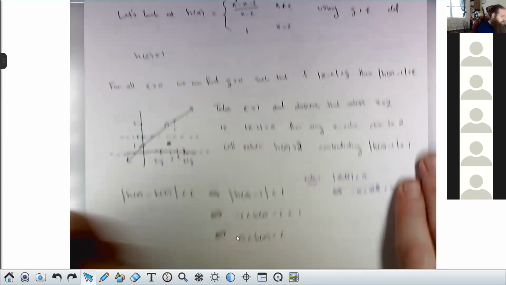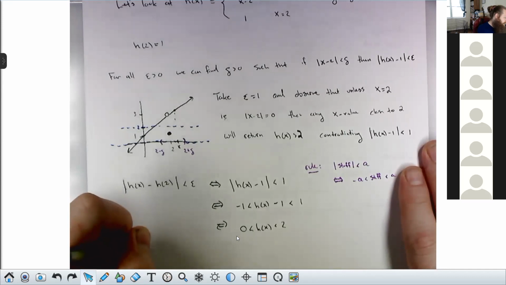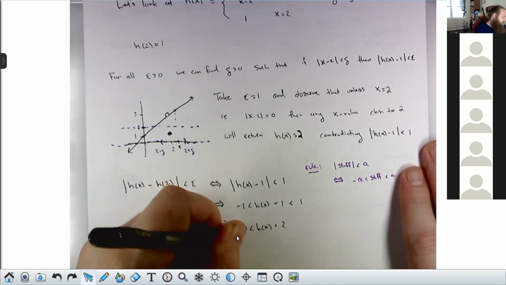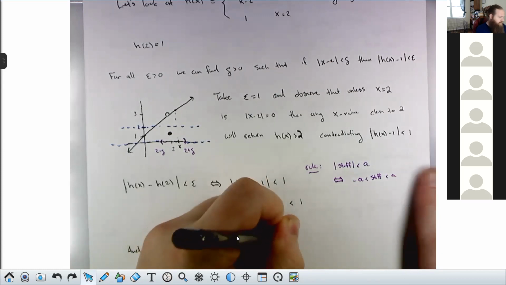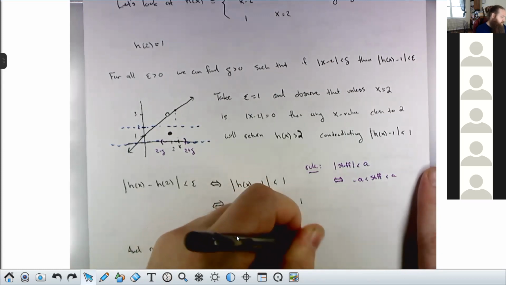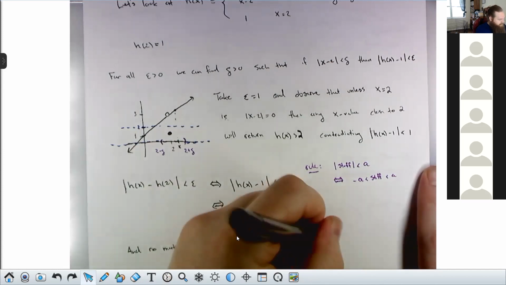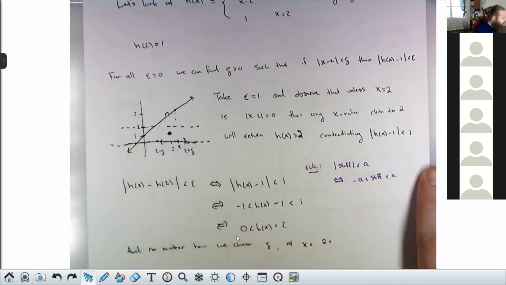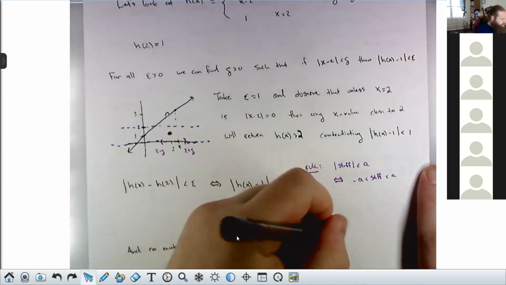So we can be really explicit about this. And no matter how we choose delta, at x equals the midpoint between 2 and 2 plus delta, which is to average those 2.